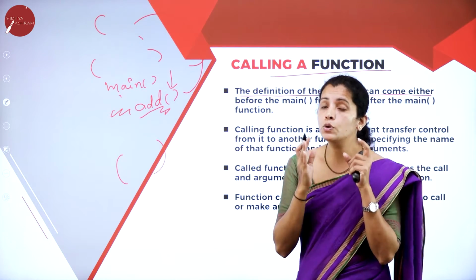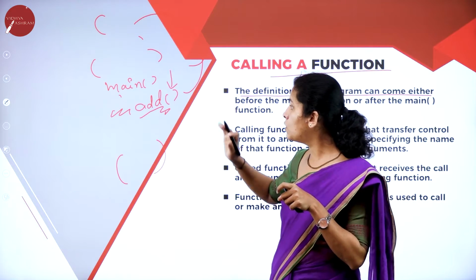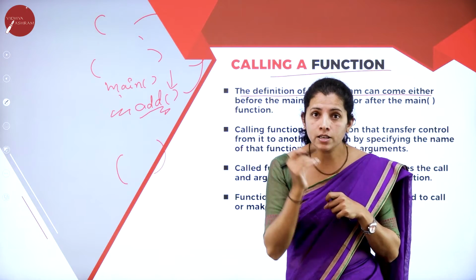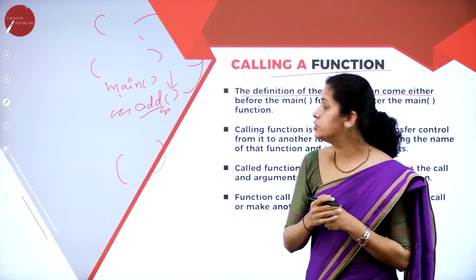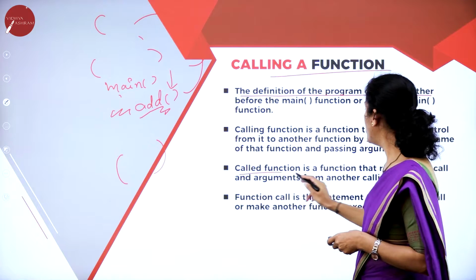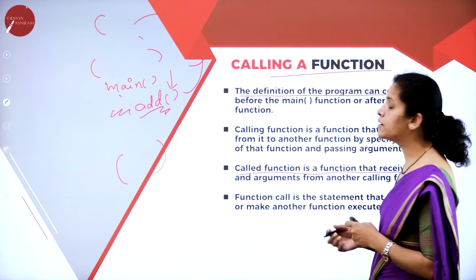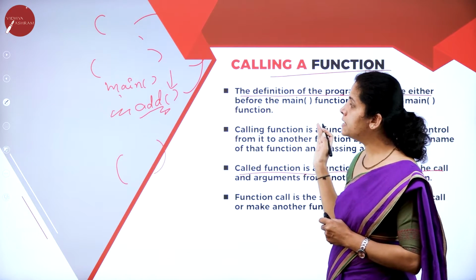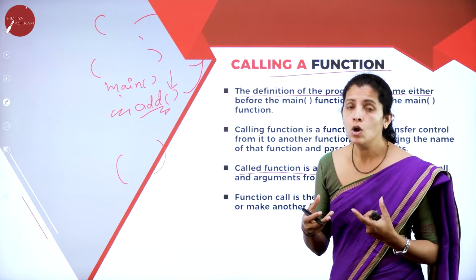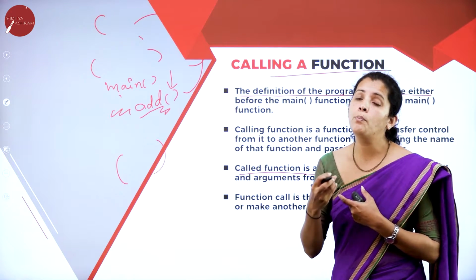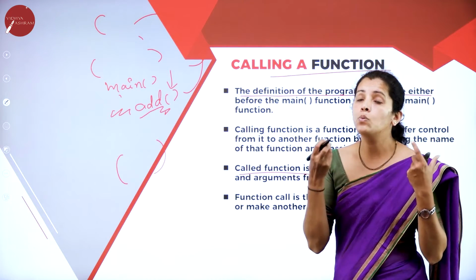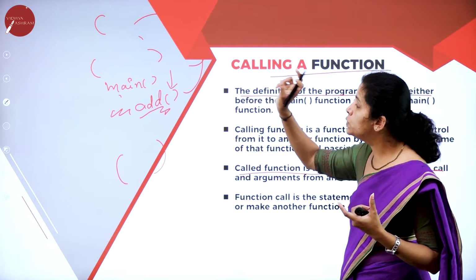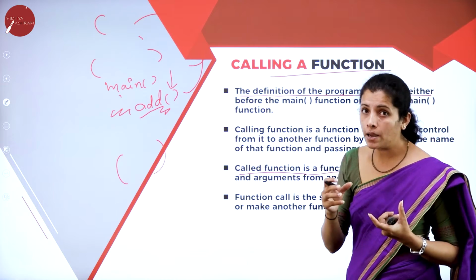The place where I'm going to call the function is called the calling function, and the function to which the control is transferred is called the called function. The called function is the function that receives the call as well as the arguments. So the calling function is nothing but where I'm going to call the function. While calling, I can pass the arguments. Then what about the called function? That is the function which is going to receive the parameters.